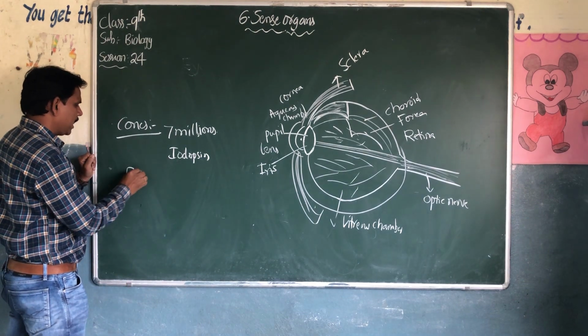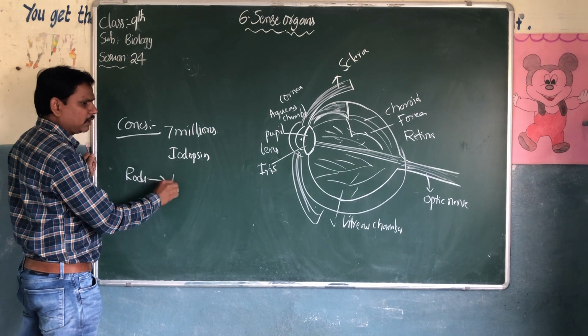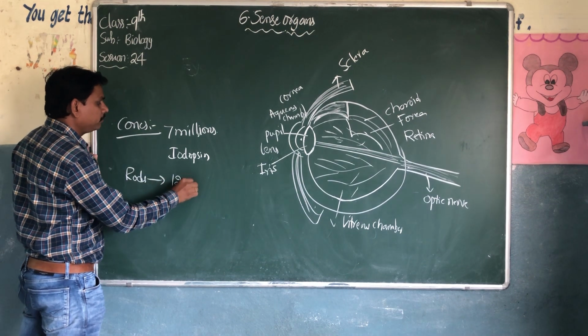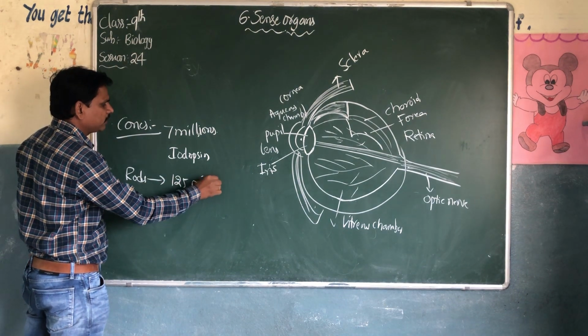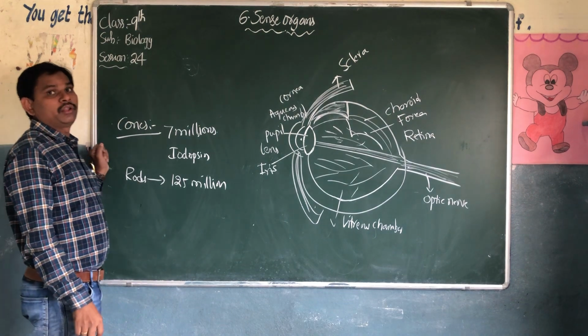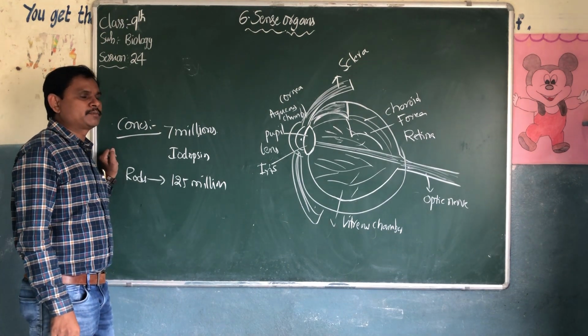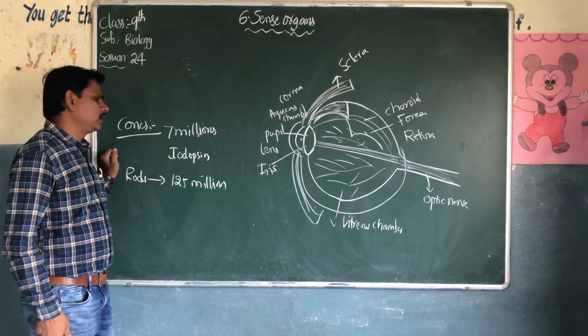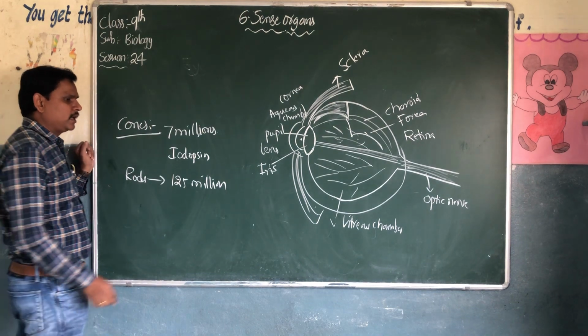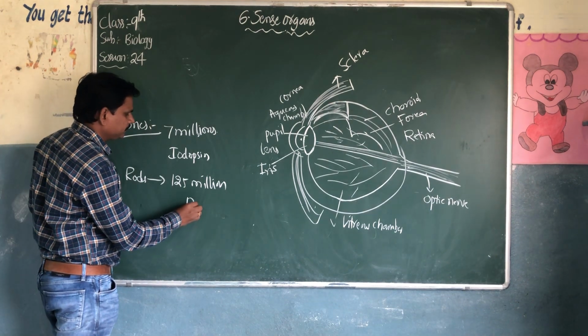Rods: there are around 125 million rods in our eyes. The rod cells contain rhodopsin.